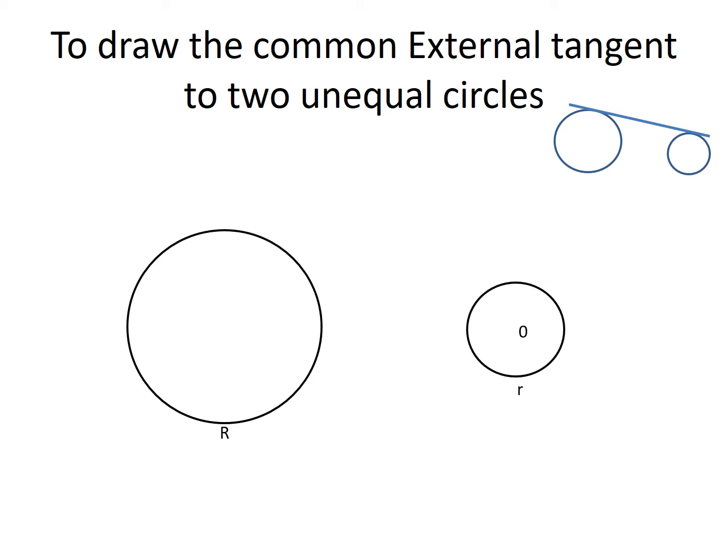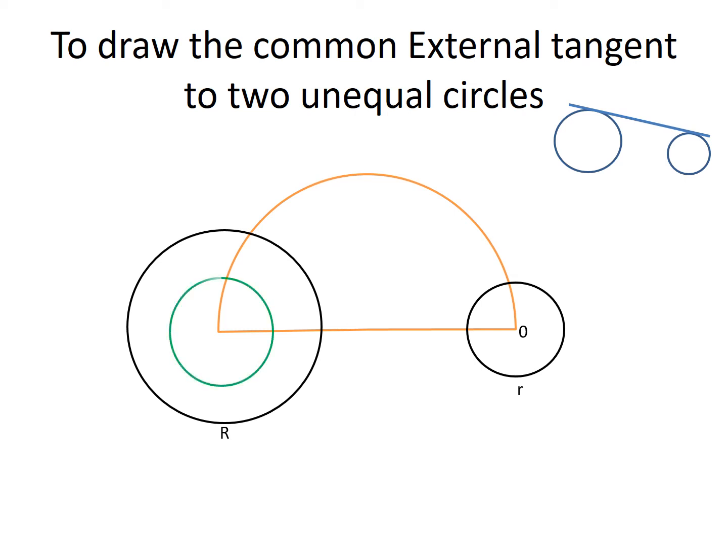Now from the center of the small circle to the center of the bigger circle, we're going to draw our semicircle. Let's look at the tangent. The tangent is passing on the outside. But let's say we wanted to get a tangent from point O as the starting point, so a tangent from point O to a circle.